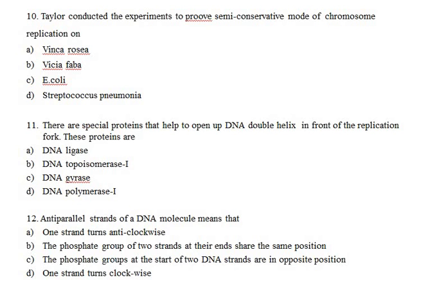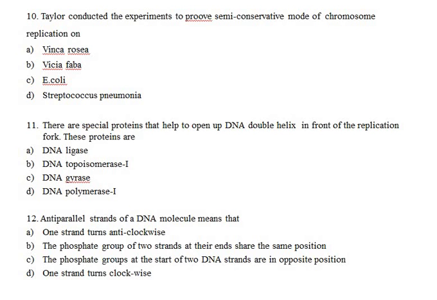Coming to question number 12. Anti-parallel strands of a DNA molecule means that option A, one strand turns anti-clockwise. Option B, the phosphate groups of two strands at their ends share the same position.